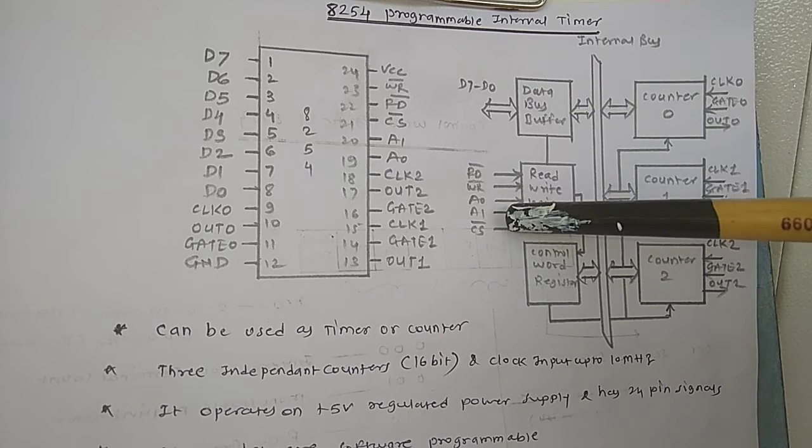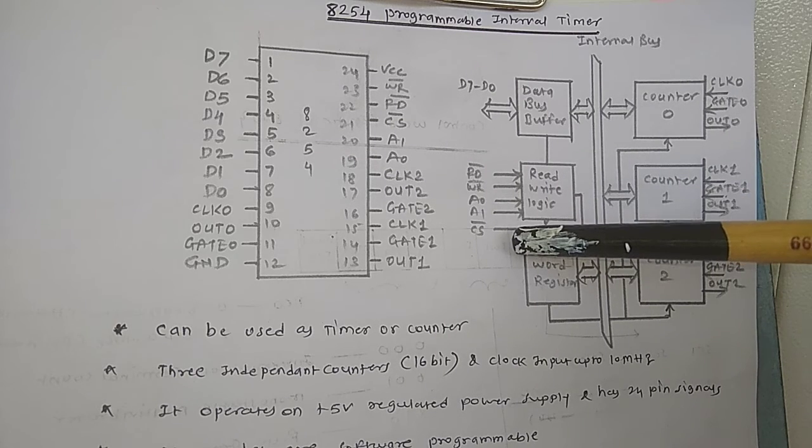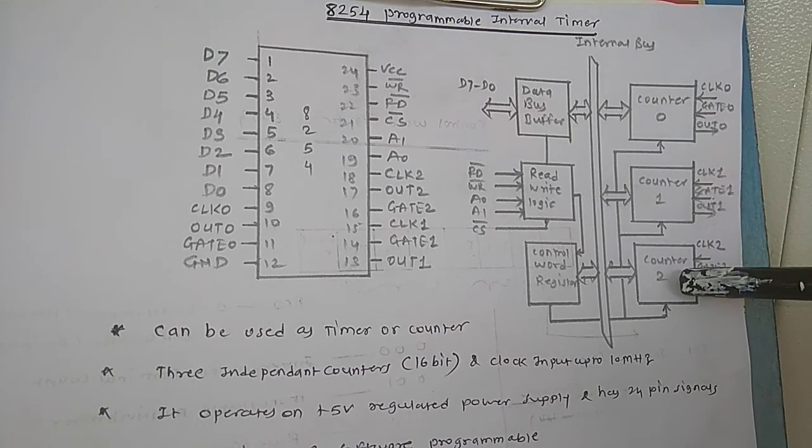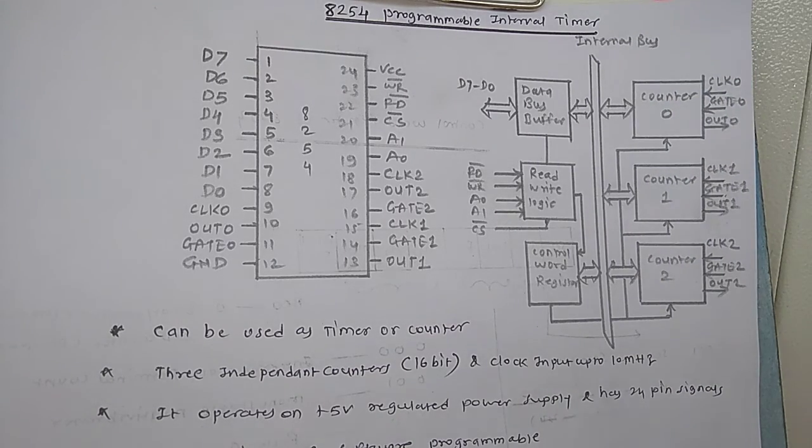A1, A0 and CS bar are for giving selection among counter 0, counter 1 and counter 2. By selecting the different logic levels on these particular pins, we can select counter 0, counter 1 and counter 2. We'll see how exactly this is done.